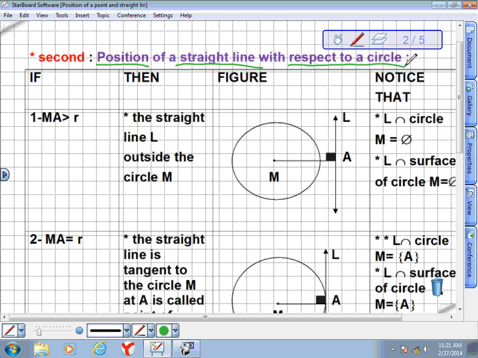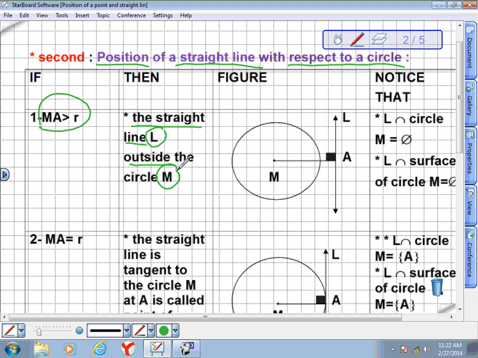We will notice that the first case, if MA greater than the radius length, we will find that the straight line L outside the circle M, like here.